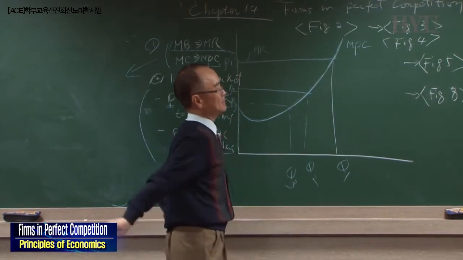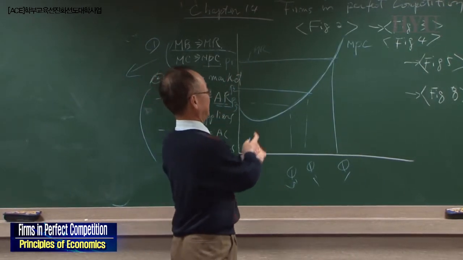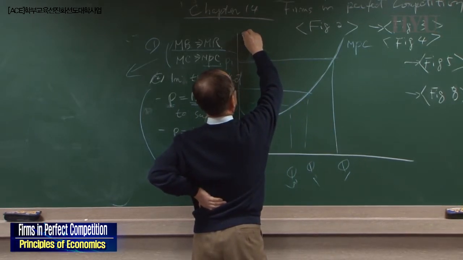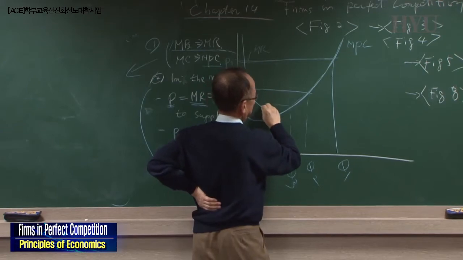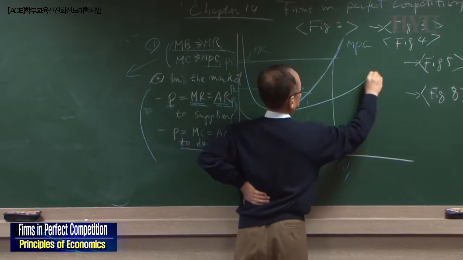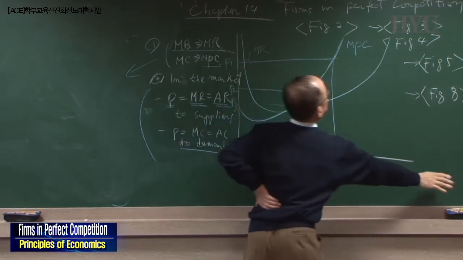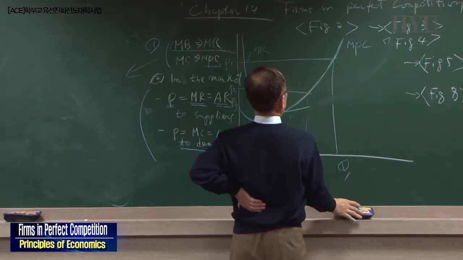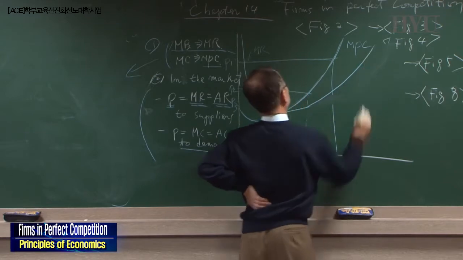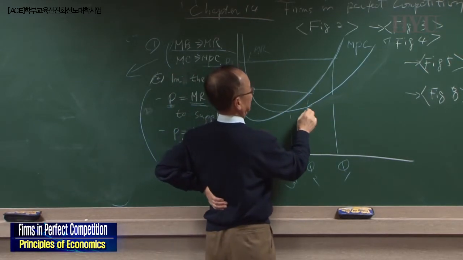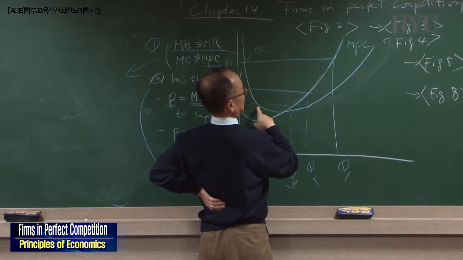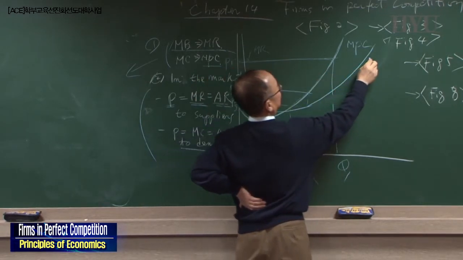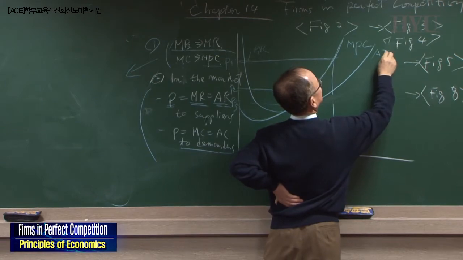Let's juxtapose two cost graphs up to here. One was average variable cost. This one, remember, it's cut through here. Okay, let me make it a little better. This is average total cost.